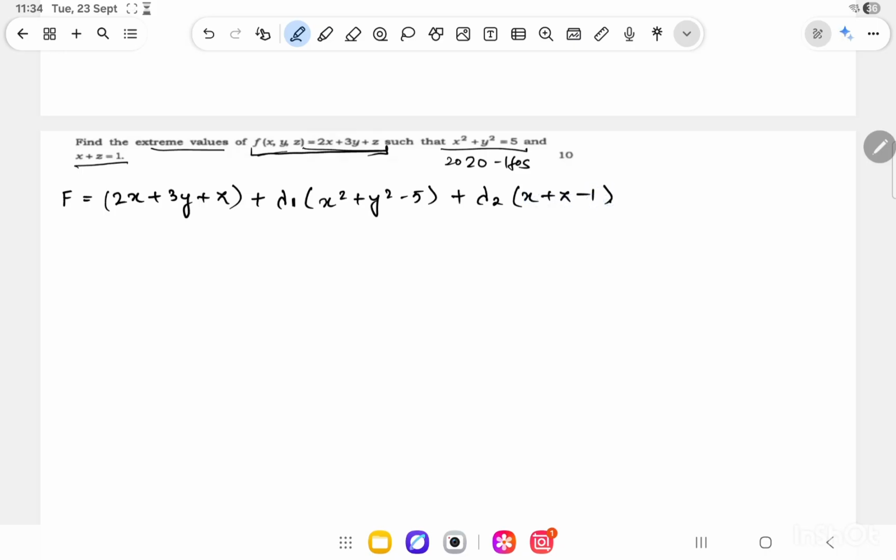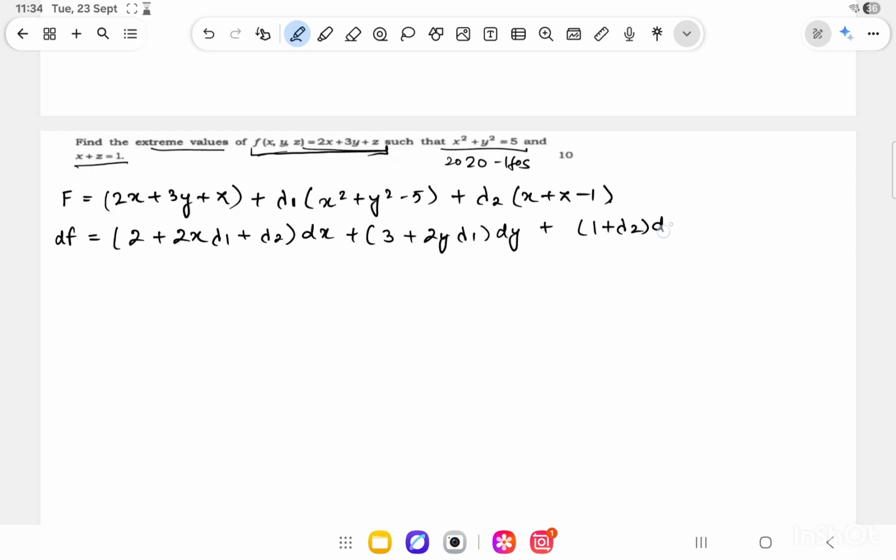So here my lambda 1 and lambda 2 are Lagrange multipliers. Let's take its total derivative and see what we get. We'll be left with 2 plus 2x lambda 1 plus lambda 2 into dx, plus 3 plus 2y lambda 1 into dy, plus 1 plus lambda 2 into dz.